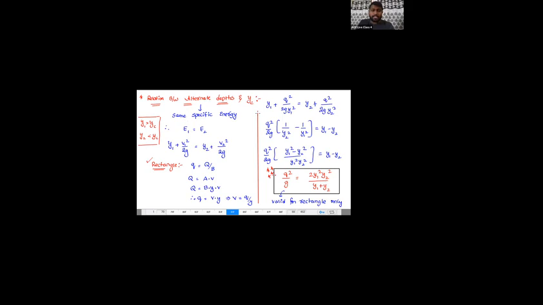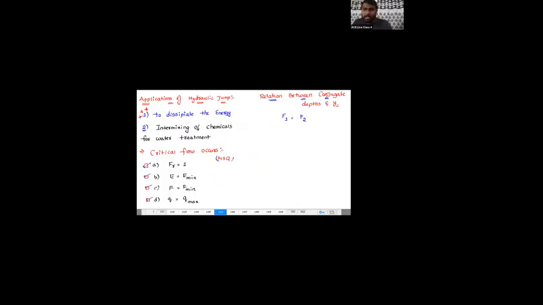Yes, so the relation between the alternate depths and critical depth. Here the energy is going to be the same. Now I want the relation between the conjugate depths and YC.